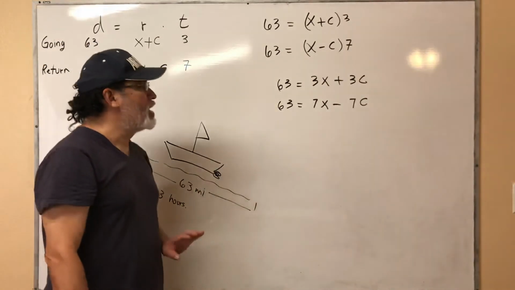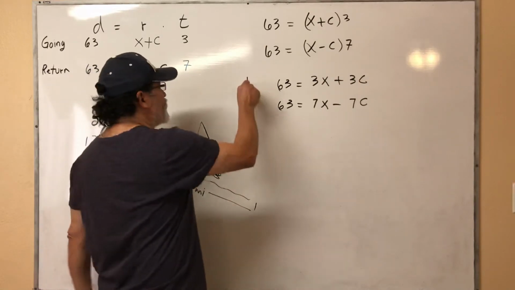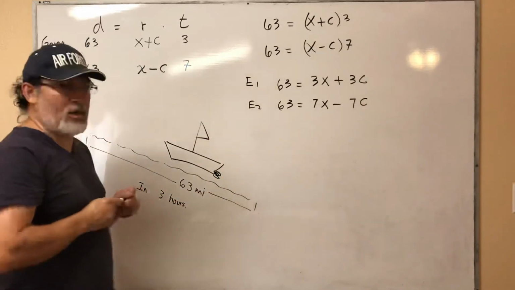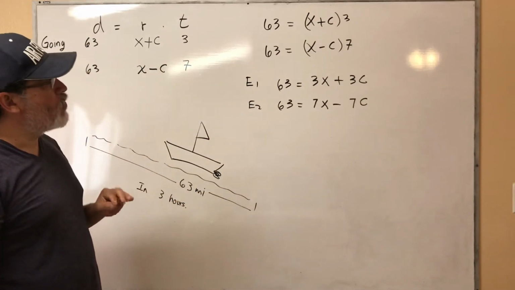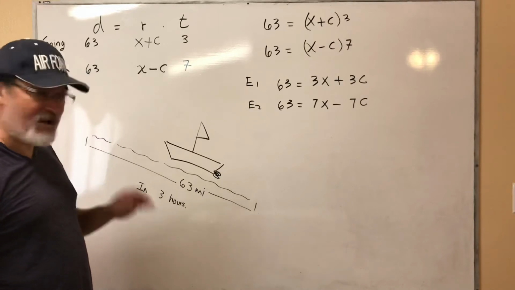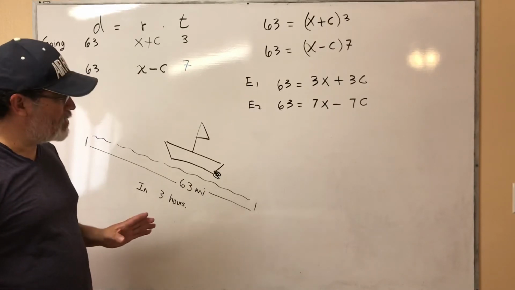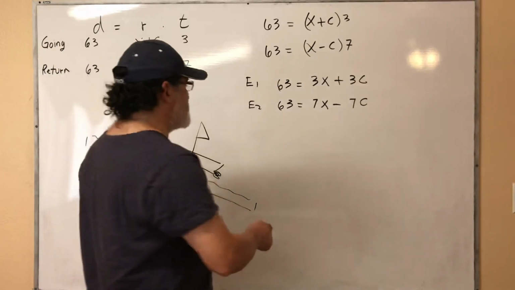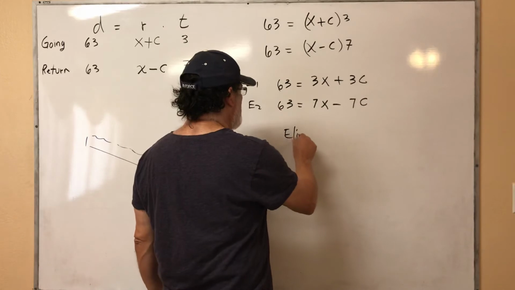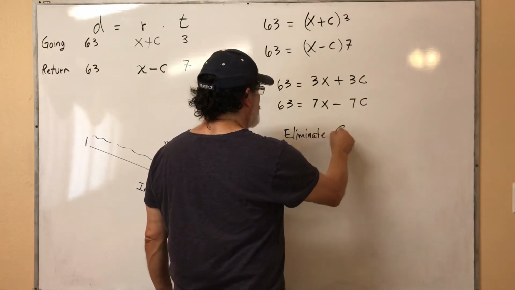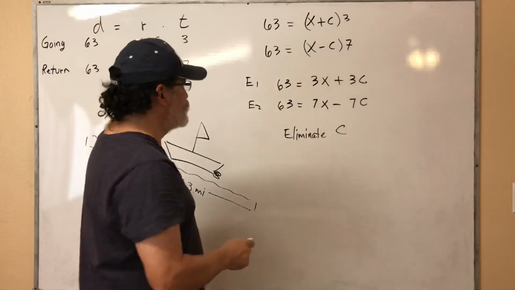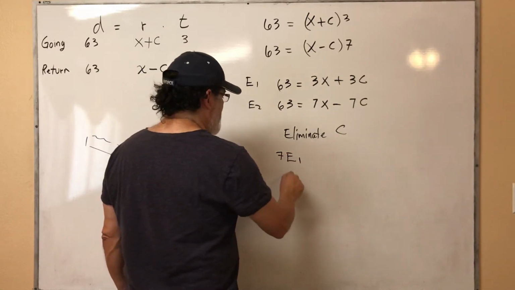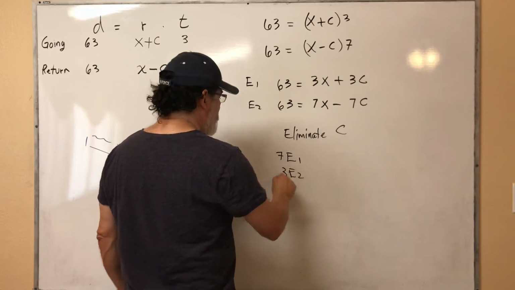Now, I'm going to label this one equation 1 and equation 2. Okay? And now, we're going to eliminate the variable. We can eliminate c. To eliminate c, I'm going to multiply equation 1 by 7, equation 2 by 3.